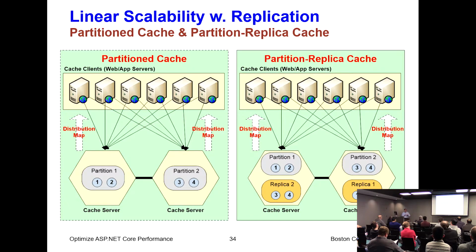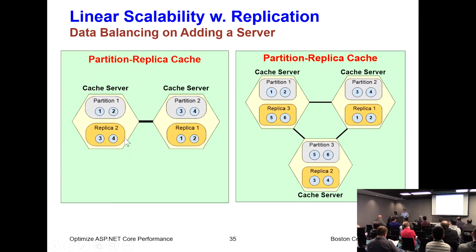We have customers that have been running NCache for months and years without any stoppage. So for example, let's say that you have a 2-server configuration, and you've just added a 3rd server because your load has grown. All you'll do is add a 3rd server, and I'll show you through the tool.